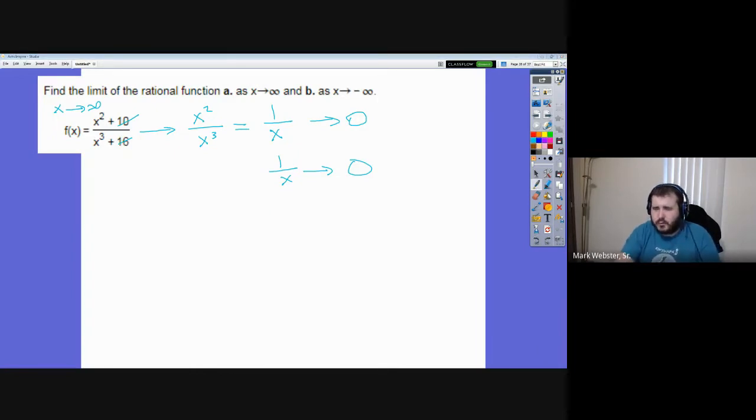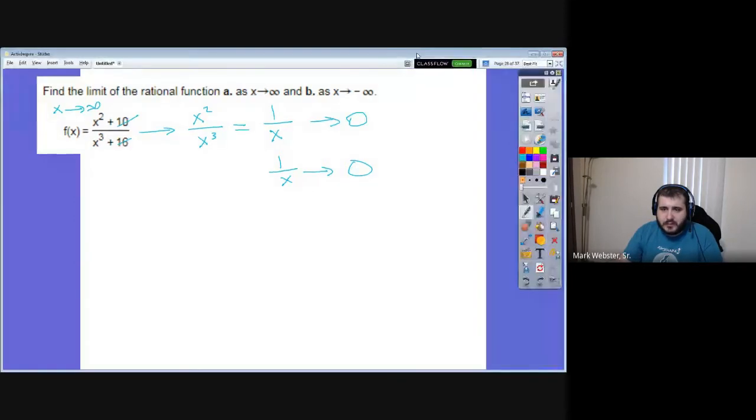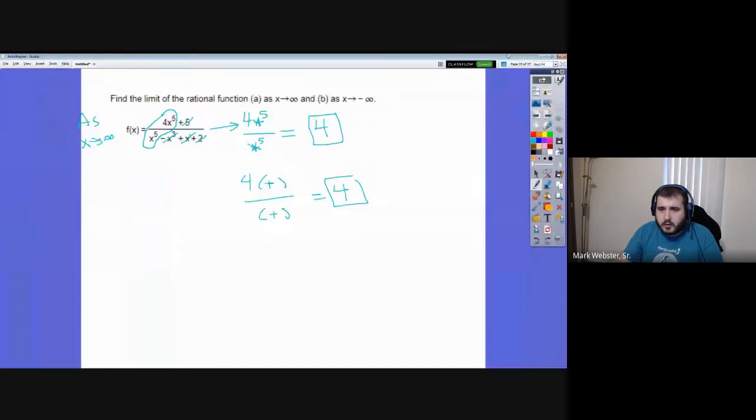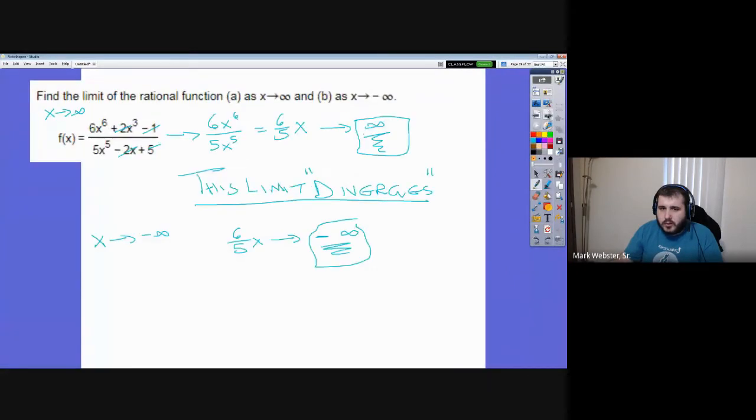We got 0. 0 is just a number, right? We got all these different possibilities. 4, that's just a number, right? But when we're talking about this one, if the limit approaches infinity, even though the limit has a target, it went to infinity, that's not a number.